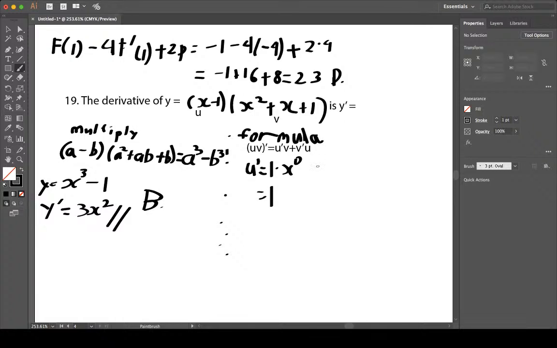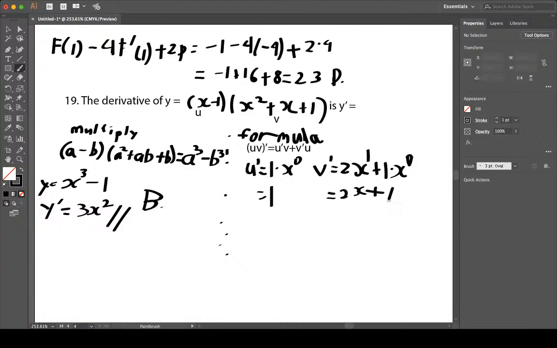Simple. So now, let's start finding v prime. v prime here is basically 2 times 1, that's 2, multiplied by x to the power of 1, add 1 times 1, that's 1, multiplied by x to the power of 0. This would equal 2x plus 1.